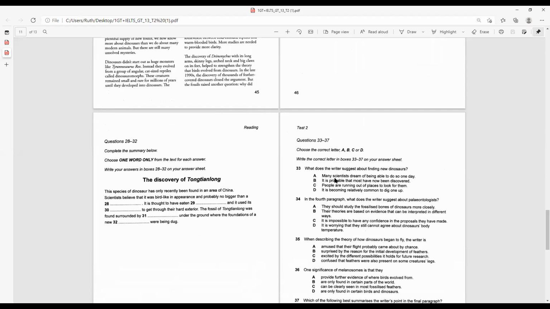Then go through your options. Many scientists dream of being able to do so one day. It is probable. Now try to understand what's the difference between each of these statements. Try to rephrase it in your own words.